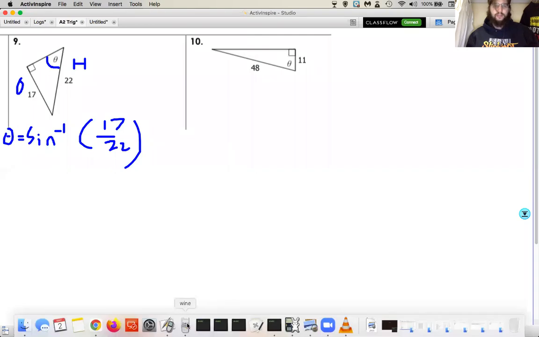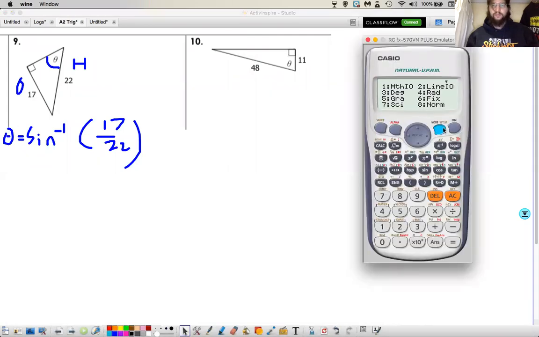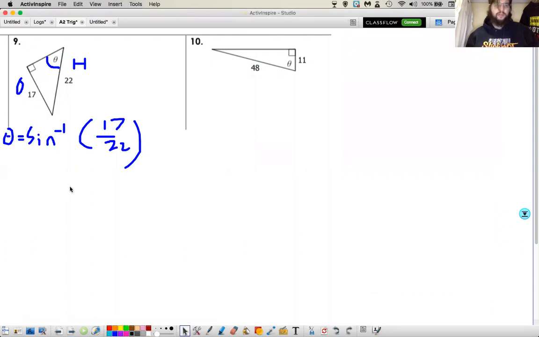And yeah, so let's go over here. Okay. So sine inverse, 17 over 22, 50.6 degrees. Over here, opposite, don't know, adjacent, hypotenuse, gotcha, cosine.